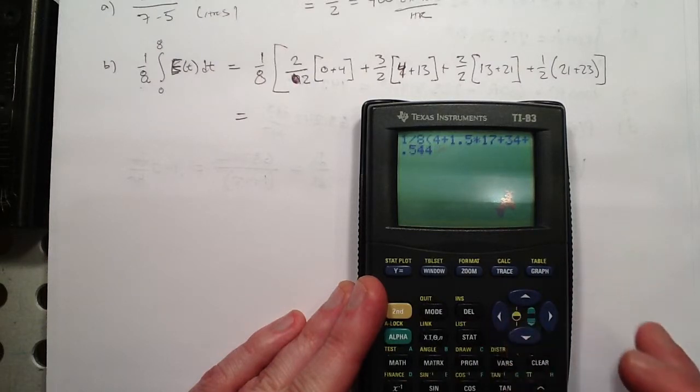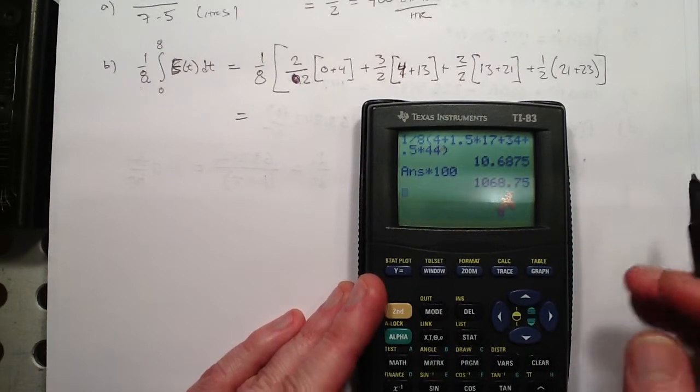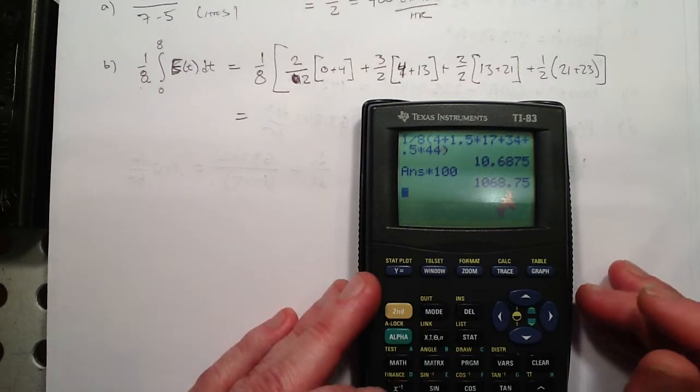Looks good. So that, and this is hundreds of entries, so I'll just go ahead and multiply that by 100.